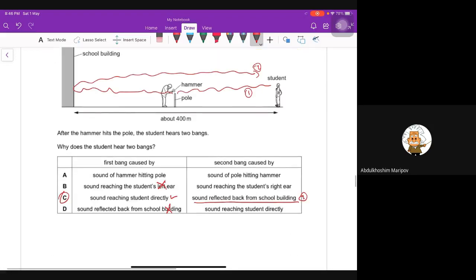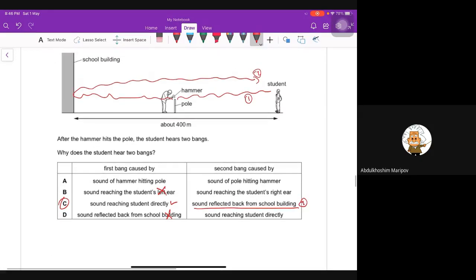So as I said, guys, bang. First, this sound travels directly. For example, here is 200 and here is 200. First, you will hear directly. The second one reaches here while the time is here, so this time is t1.